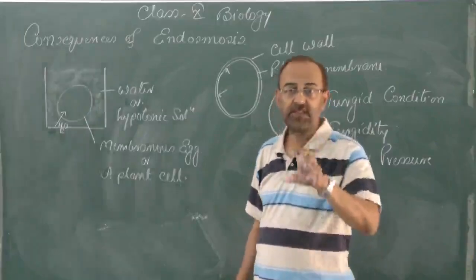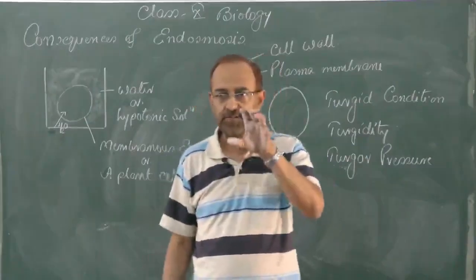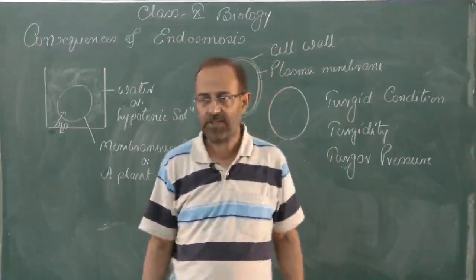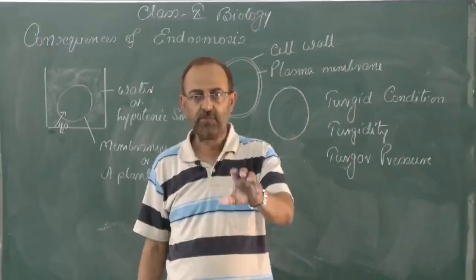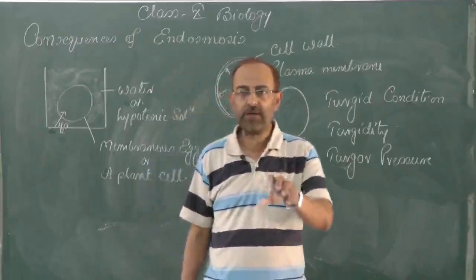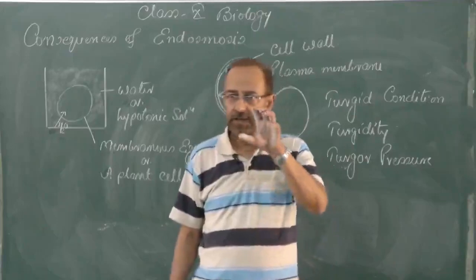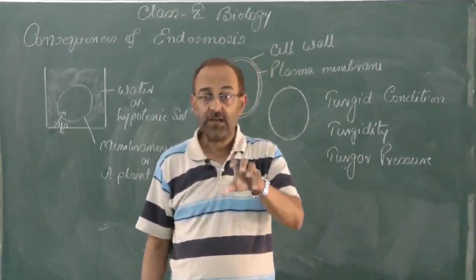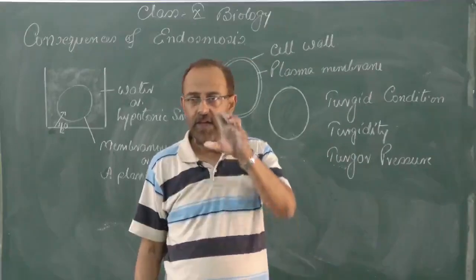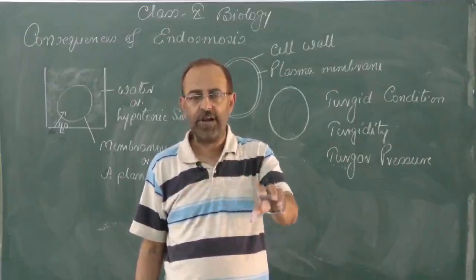And when this turgor thrust or force is measured on unit area of the cell wall, it is known as turgor pressure. So remember, turgor pressure is an internal pressure developed in the turgid cell after the process of endosmosis.